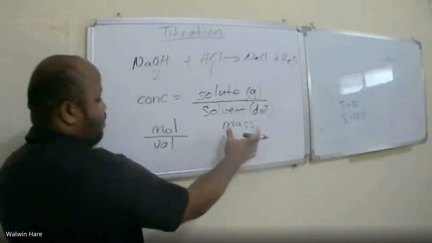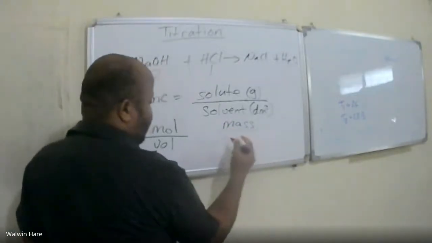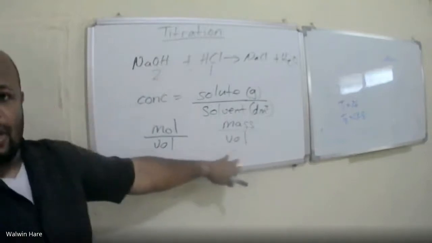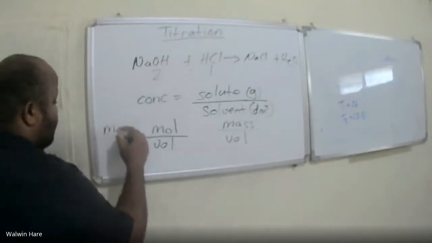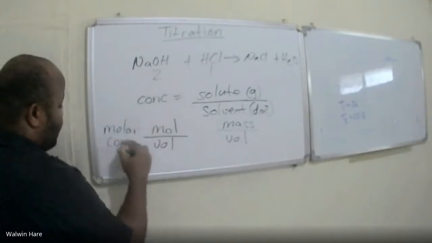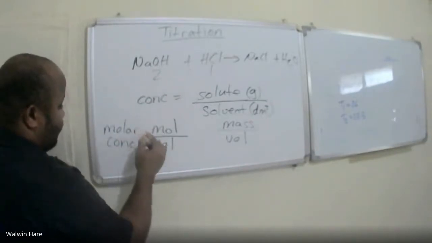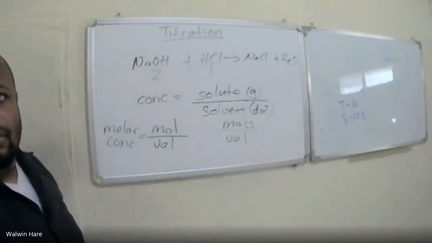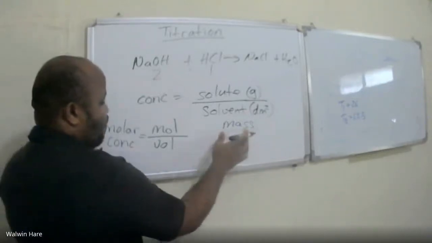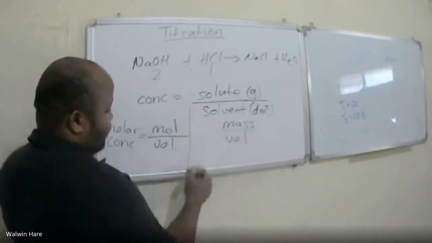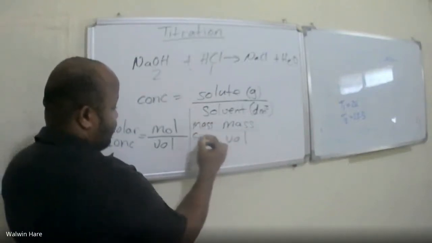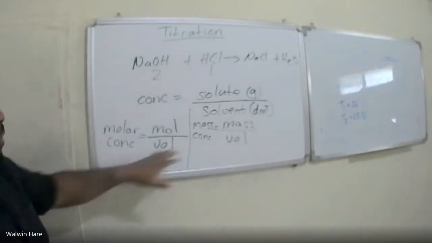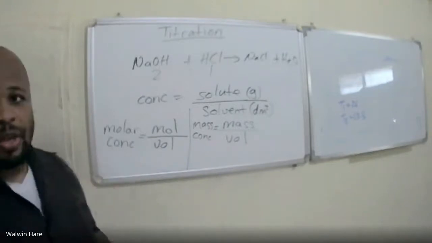If it is in terms of mass, it will be mass divided by volume. So we have two types of concentration. We have molar concentration and we have mass concentration. Right? So these are the two types of concentration that you may have to calculate.